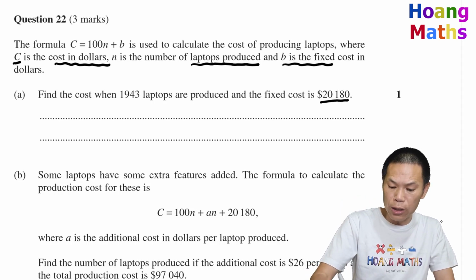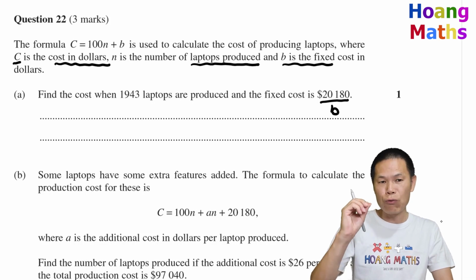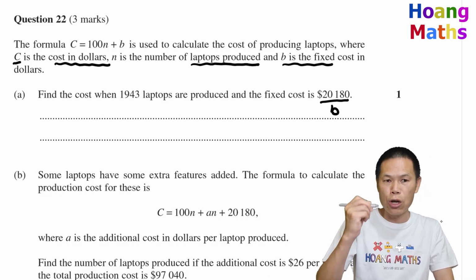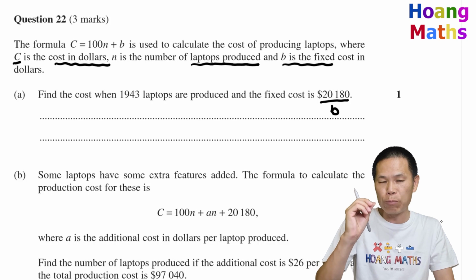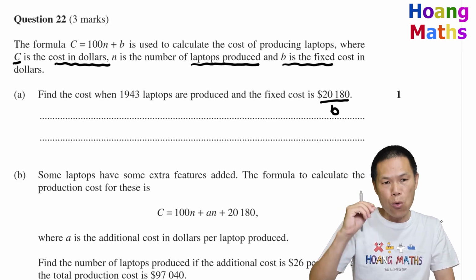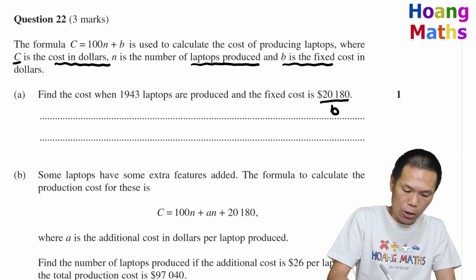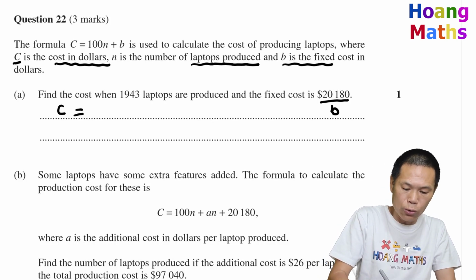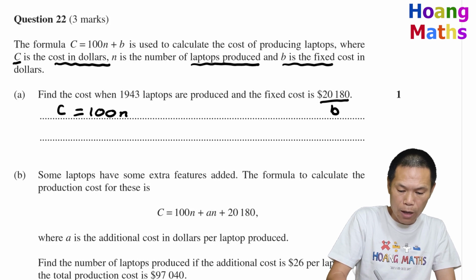So let me just rewrite the equation out first, because we know the value of B, the fixed cost. In this case, it's $20,180.